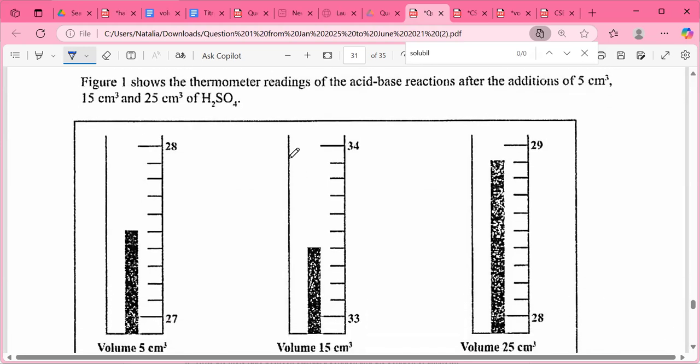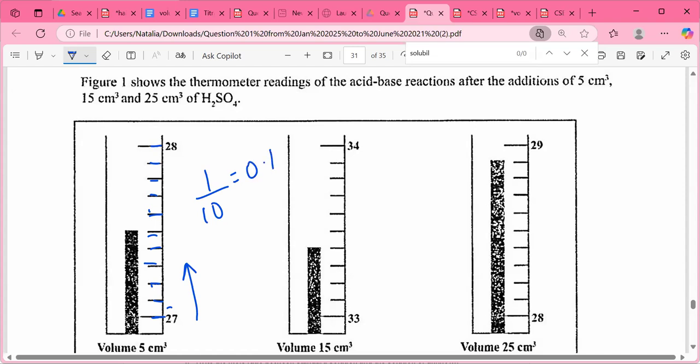So first, we look at where we are increasing from. We're increasing from top to bottom. So this is 0, 1, 2, 3, 4, 5, 6, 7, 8, 9, 10. So between 27 and 28, we're moving by 1 and we're dividing by 10 spaces. So each space is 0.1.